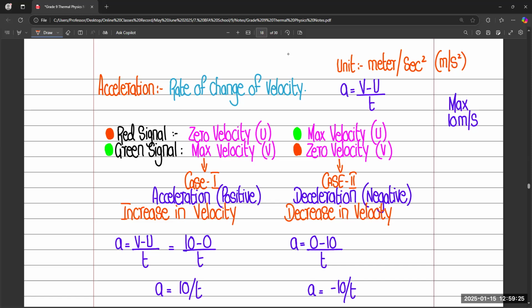So this is the idea of acceleration and deceleration, whether it is positive or negative.